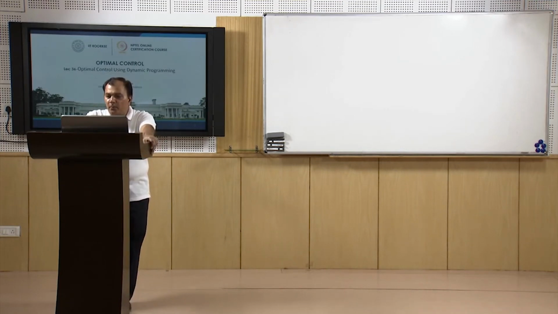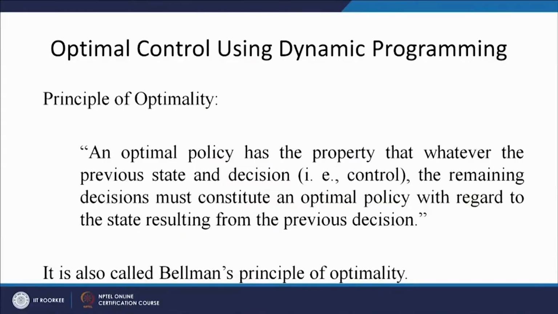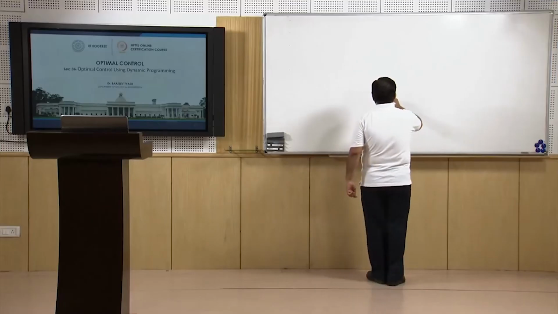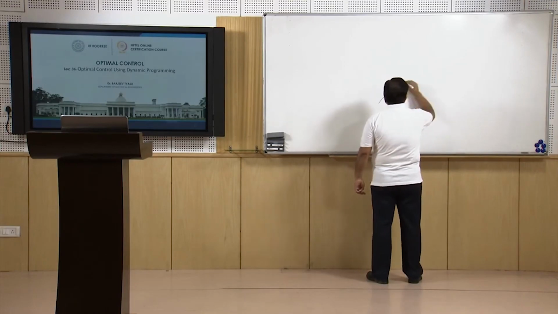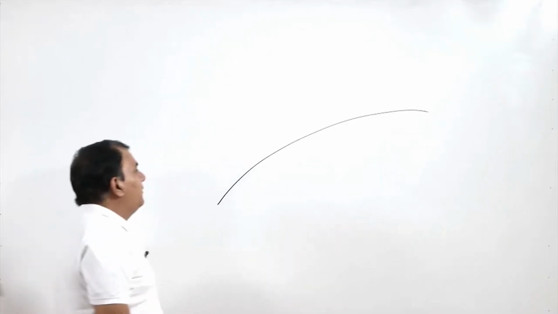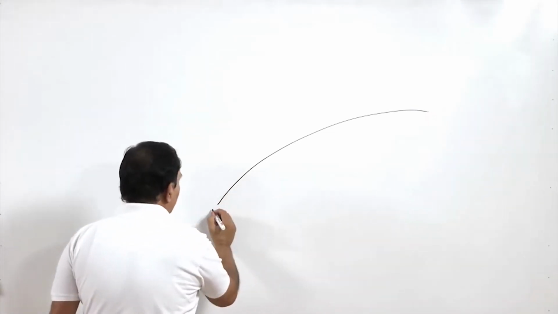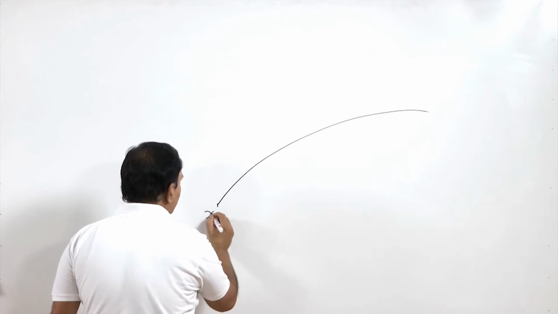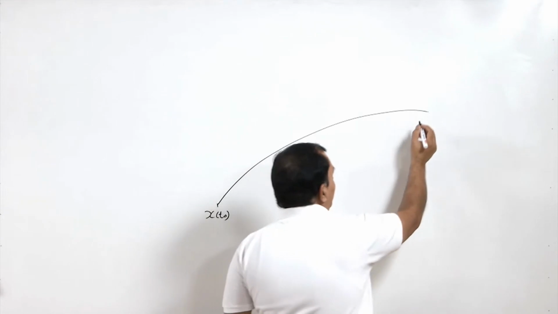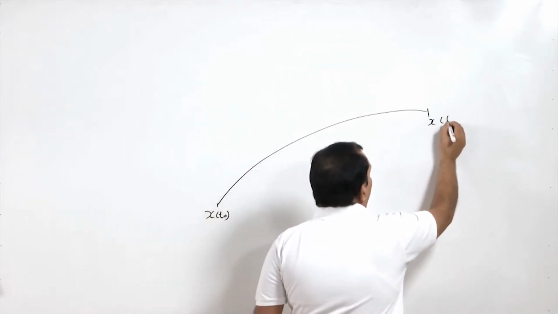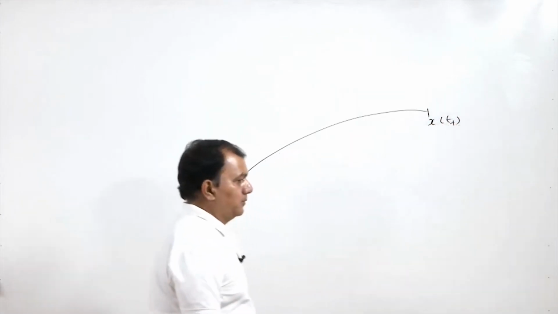An optimal policy has the property that whatever be the previous state and decision, the remaining decisions must constitute an optimal policy. Understand it this way: let us have the optimal trajectory which starts at x(t0) and terminates at x(tf).